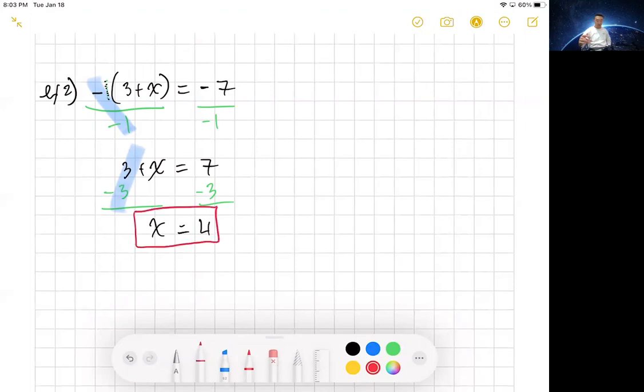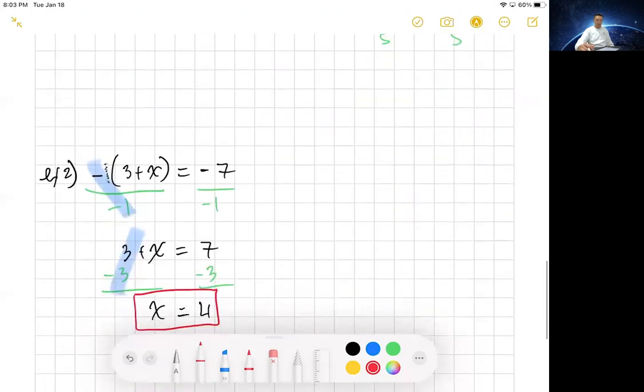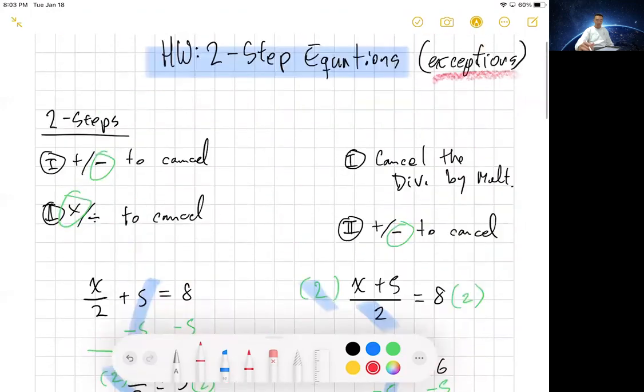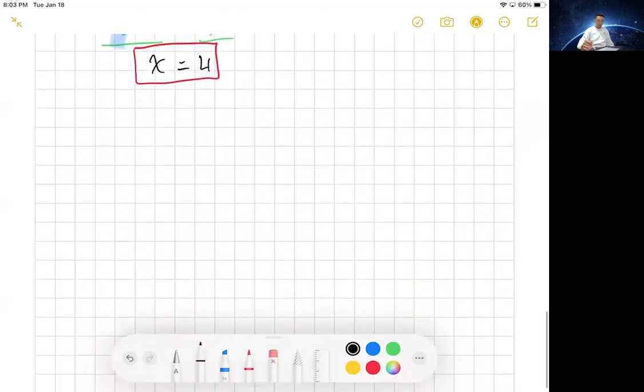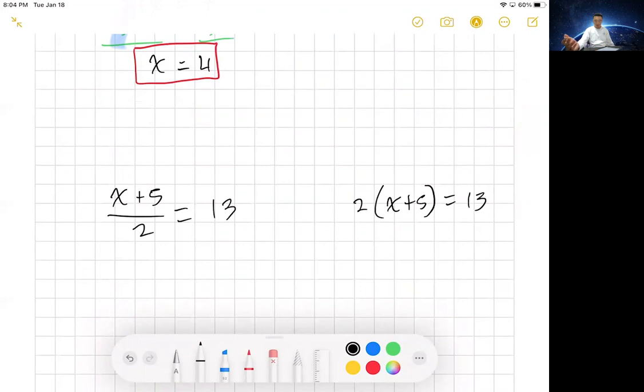Again, use all the colors and highlighters that you need in order to make the notes visible and easily readable. Okay. And that is it for the two-step equation section. So watch out for those 2 types of problems that you would see in your homework, whether it be x plus 5 over 2 equals 13, or you might see 2x plus 5 equals 13.